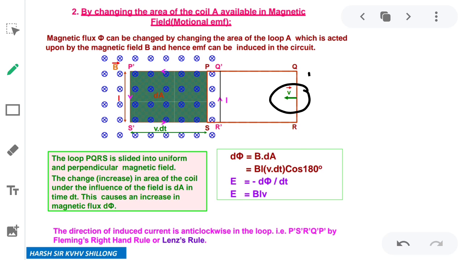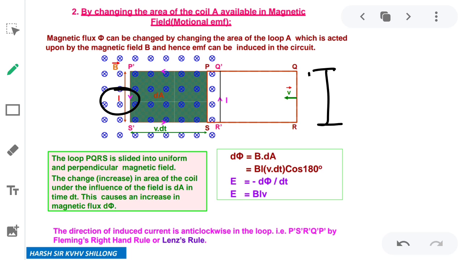So suppose the next position of the loop is P dash, Q dash, R dash, S dash. Here if you see, the loop area is not changing, but the loop is entering inside, so flux linked to the area is changing. It's increasing. Length of the loop, this width, which is constant throughout while entering inside, is L.